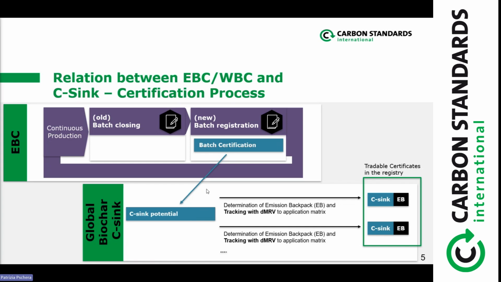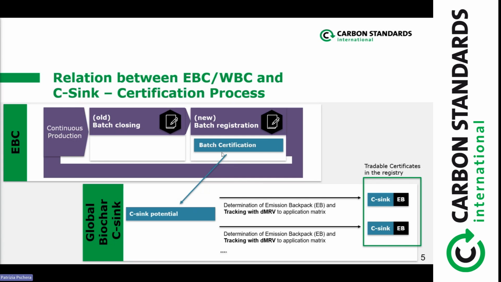So there is a direct connection between the EBC quality certification and the C Sink potential. And afterwards, as I said before, it will be tracked with the DMRV system and eventually end up in the registry to be a C Sink that can be traded.